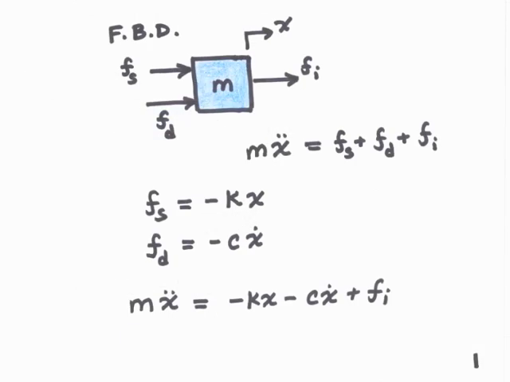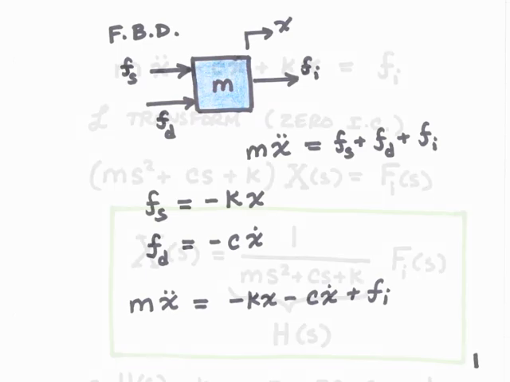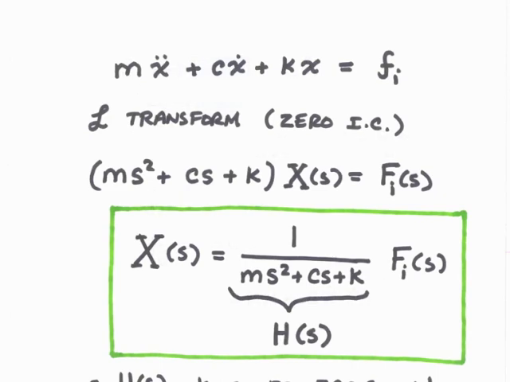Substituting these relationships for F sub s and F sub d into our equation for m x double dot, we find the following equation of motion. m x double dot equals minus kx minus c x dot plus F sub I. We bring the x terms over to the left-hand side, and we get m x double dot plus c x dot plus kx equals F sub I. We Laplace transform this expression, and we'll find ms squared plus cs plus k times X of s equals F sub I of s.